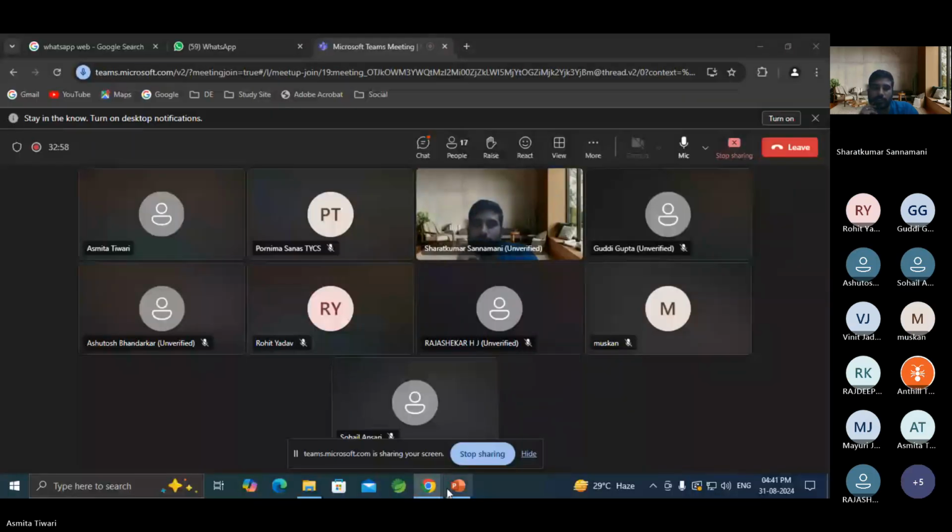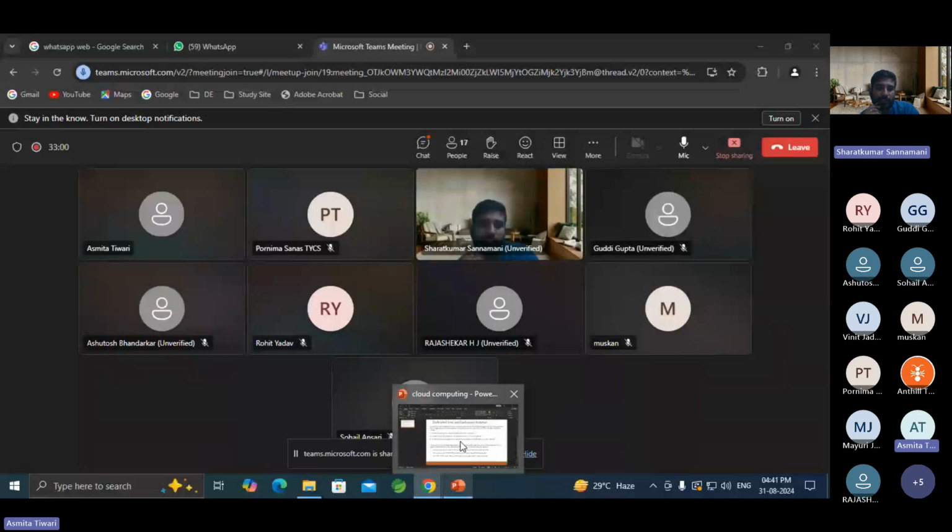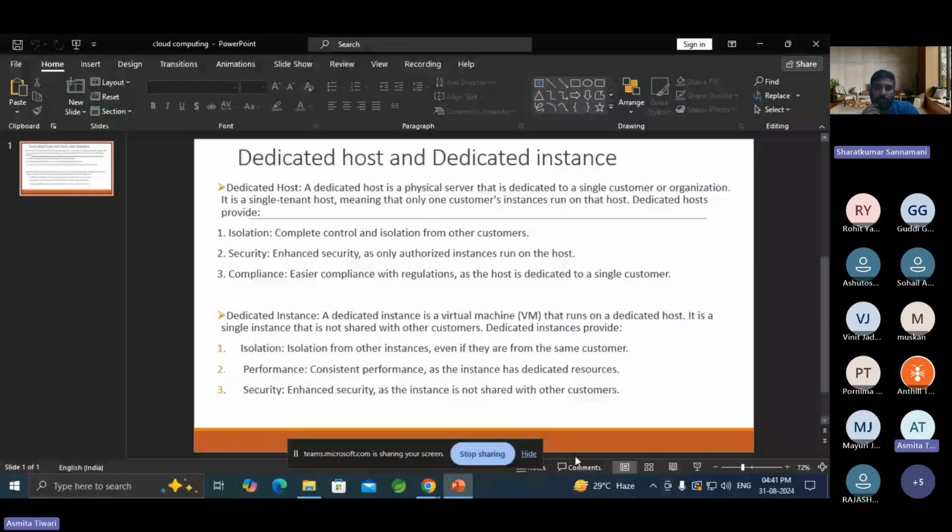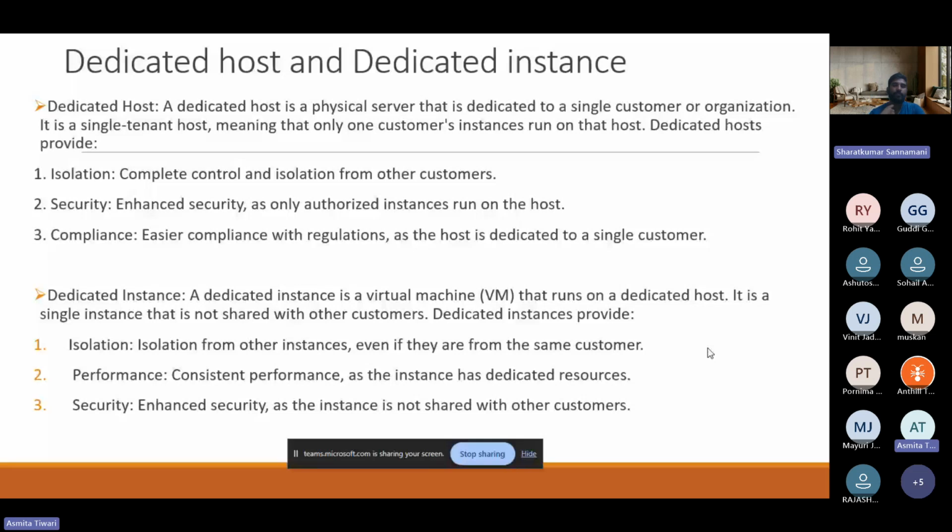Share it again. Now it is visible. Make it presentable mode and start.